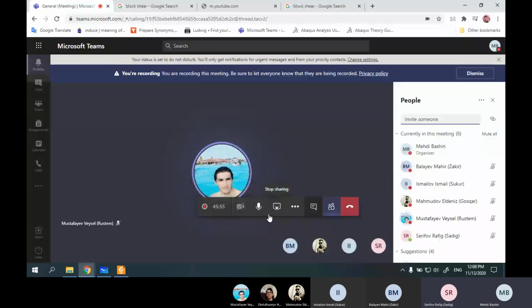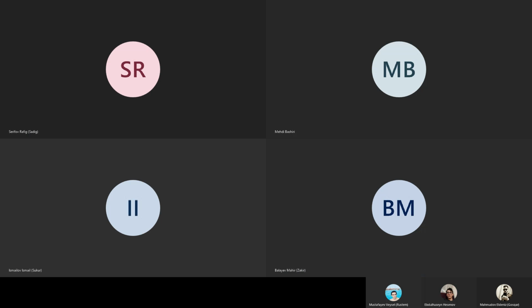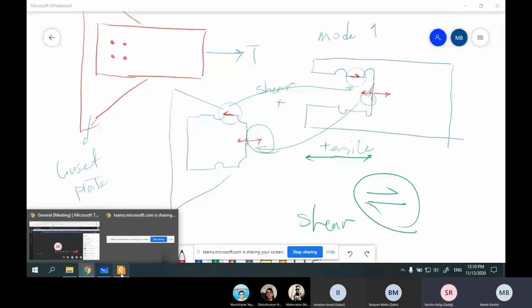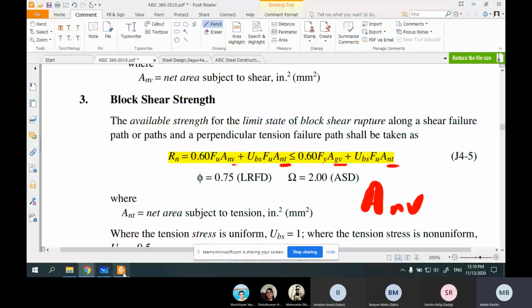Sorry, we need it. Can you see my share? I'm sharing. Can you see now? Yes. As I said, in this equation, we have different parts.